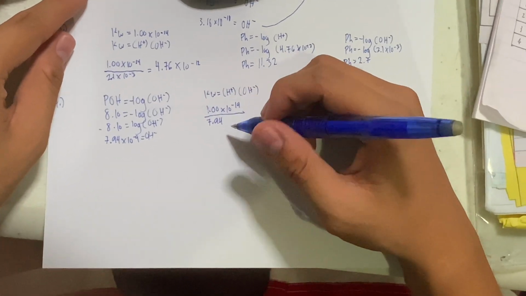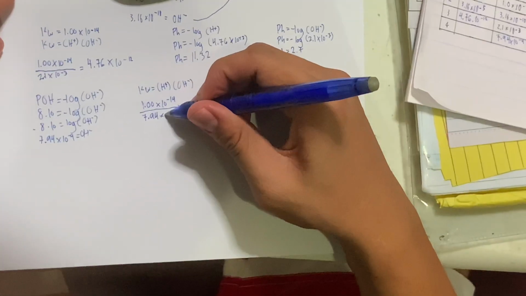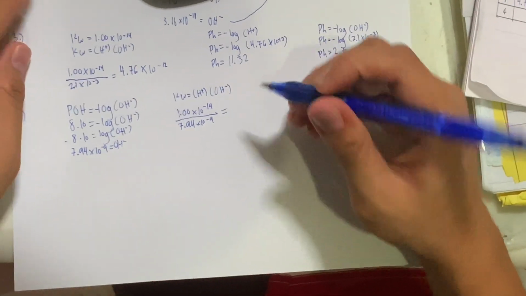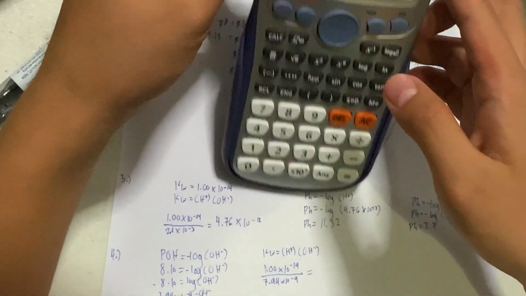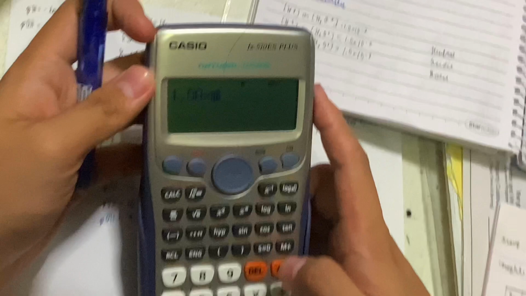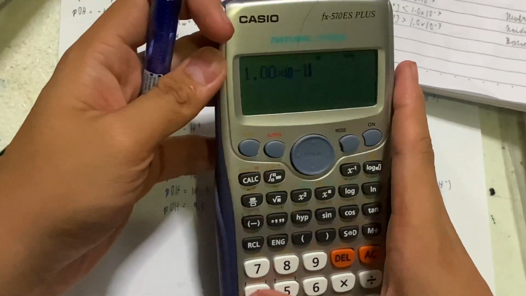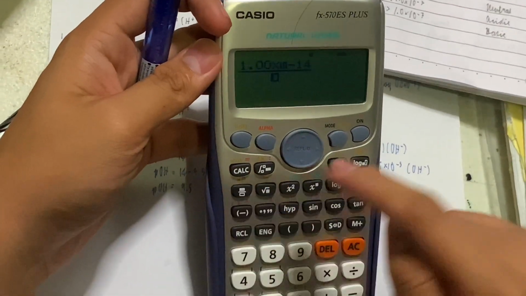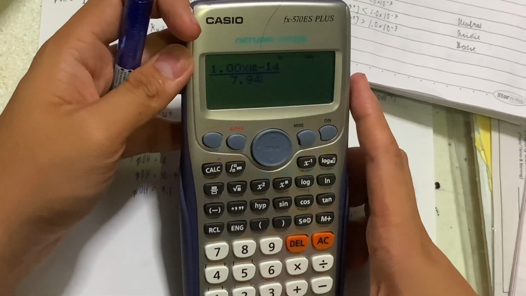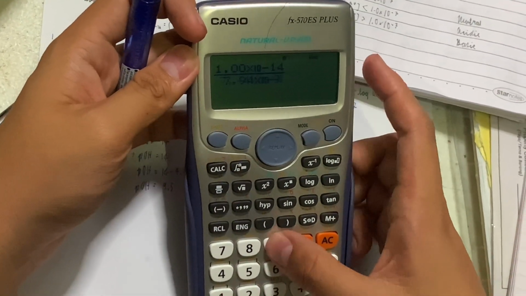7.94 times 10 to the power of negative 9. So how do we put that? It's gonna be 1.00 times 10 to the power of negative 14, and then we divide that with 7.94 times 10 to the power of negative 9.